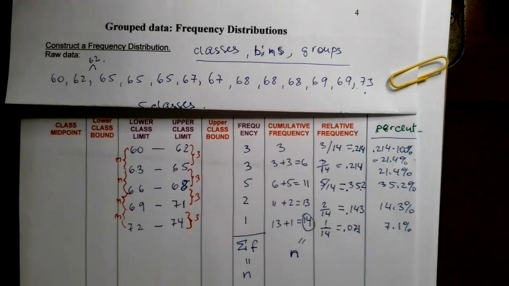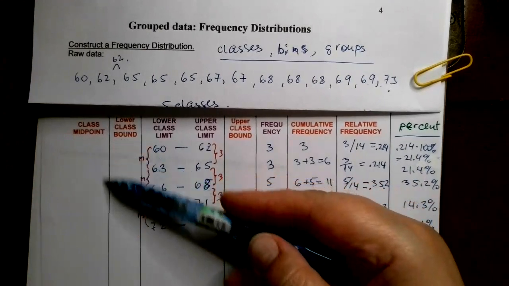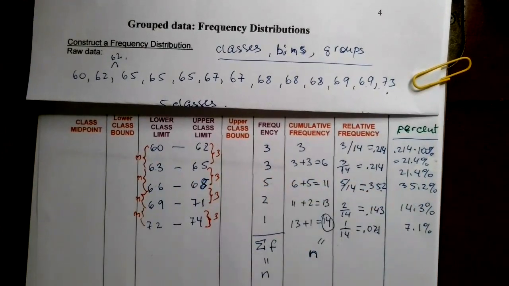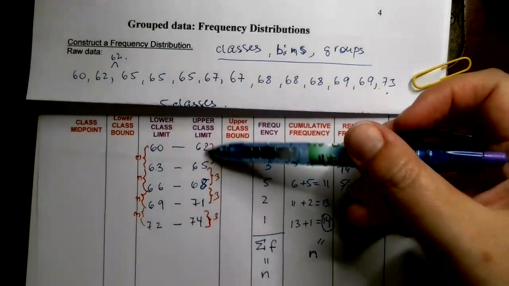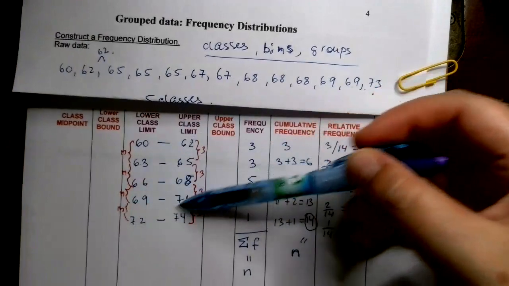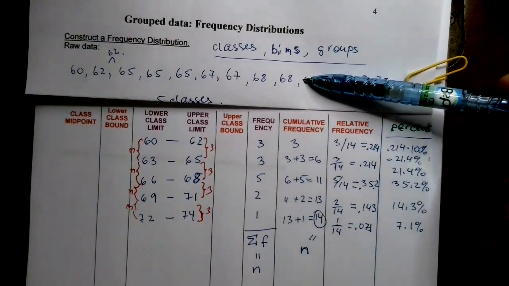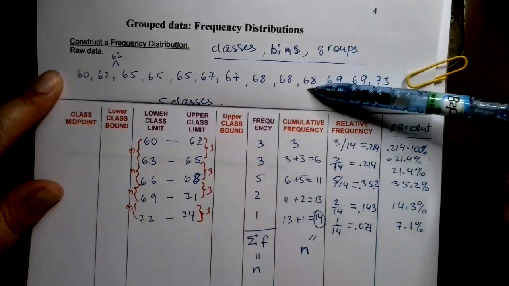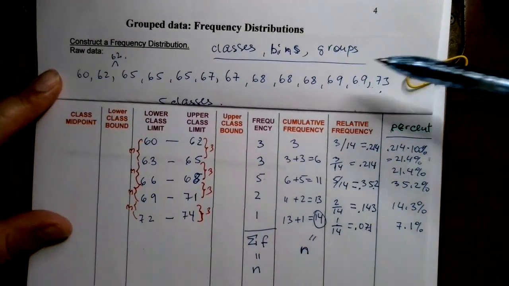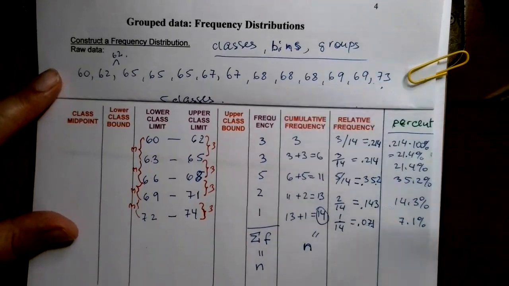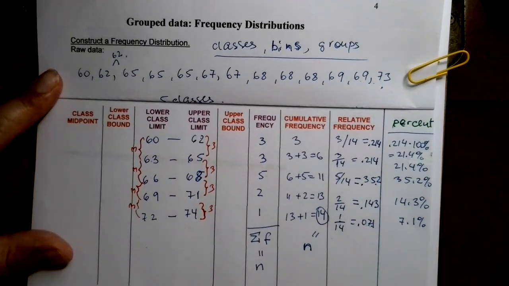Now let's talk about the class midpoint. Before we move on, I just wanted to remind you that the reason we use the frequency distribution is when we have a large amount of data, it's very difficult to view and analyze if we just have a huge string of numbers.